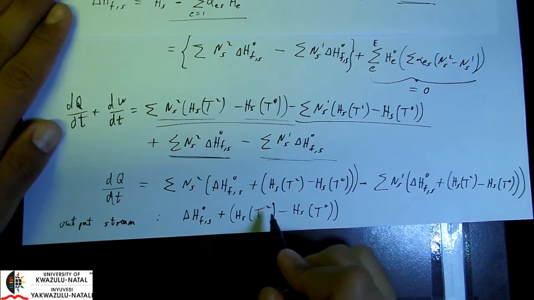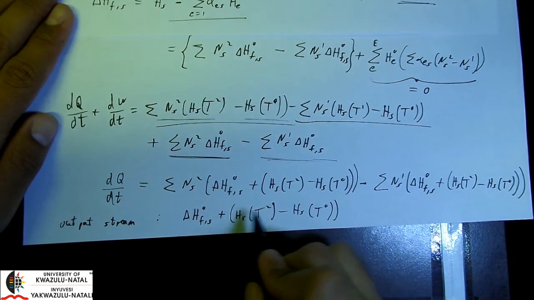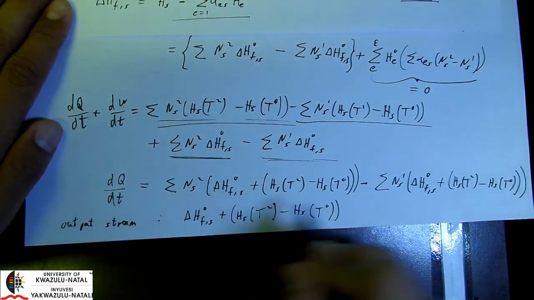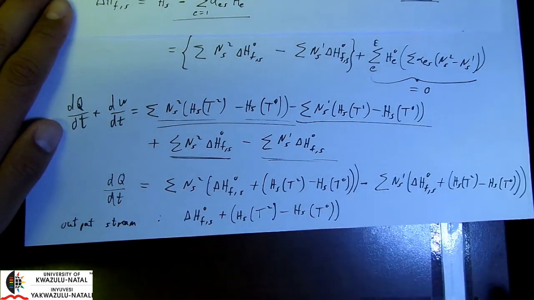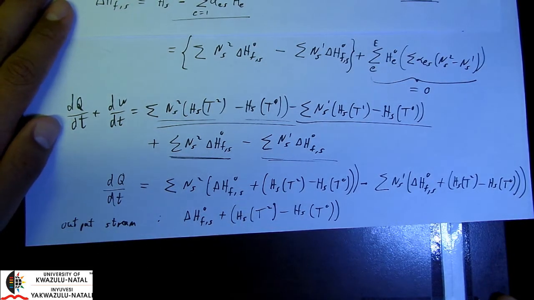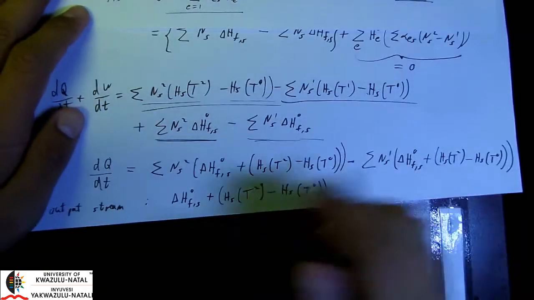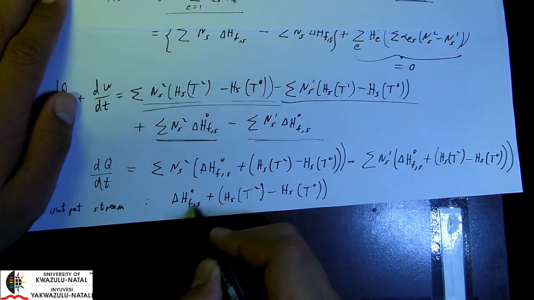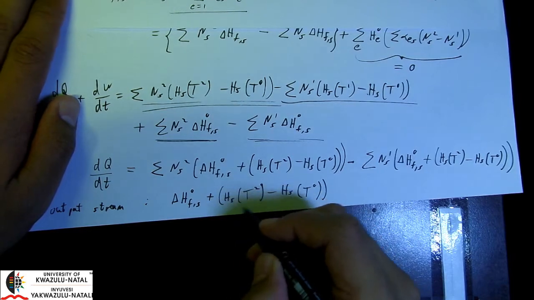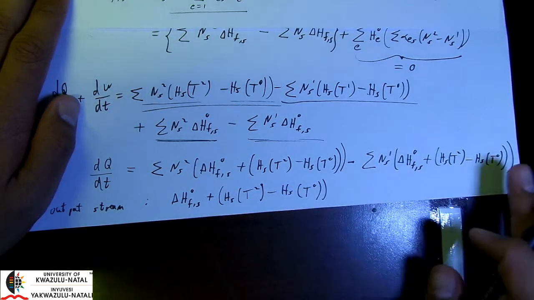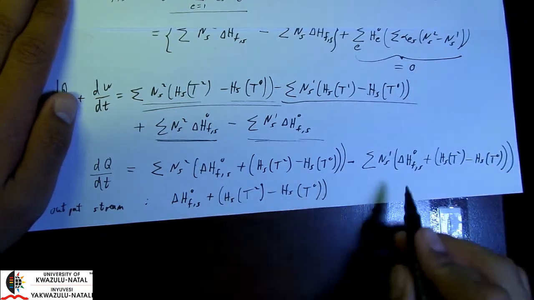So there's one trade-off. We need to use our reference temperature at 25, but this enables us to work with an energy balance where we don't really need the stoichiometric coefficients or the stoichiometry of each species. And my input stream is written in the same way: delta H Fs naught plus Hs of T1 minus Hs of T0, and this is for each species.